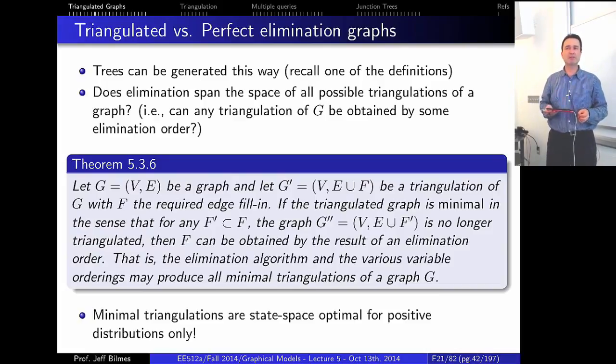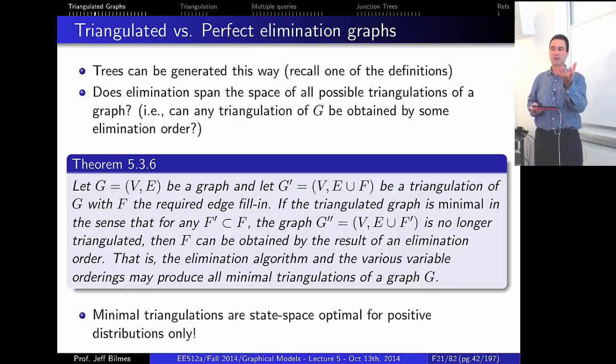Remember, we're starting with an original graph that is not triangulated. We're adding fill-in edges, F, to make it triangulated. What a minimal triangulation means is that if we remove any of the fill-in edges, obviously not removing any of the original graph edges, which are stuck, it is no longer triangulated.